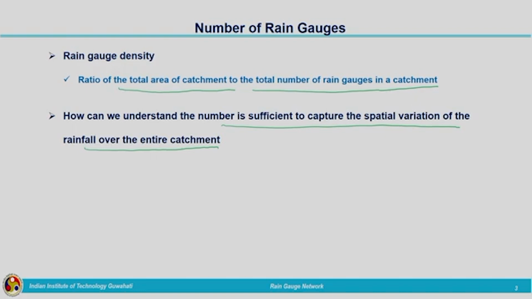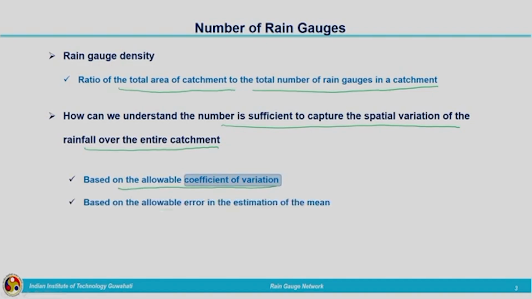This can be attained by looking into certain factors, that is, based on the allowable coefficient of variation and based on the allowable error in the estimation of the mean rainfall. So, in two ways we will be understanding whether the number of rain gauges present in the catchment is optimal or not. We will see them one by one. The first one is based on the allowable coefficient of variation.